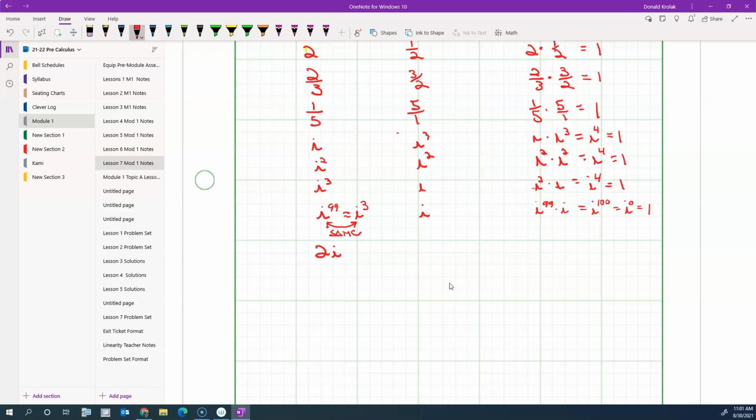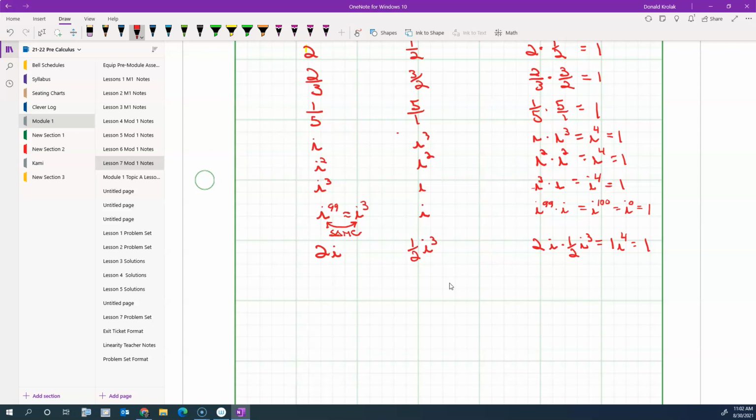So let's see. If I had 1/2 i to the third, that would be 2i times 1/2 times i to the third, and that would be 1. That would be 1 i to the fourth, which is 1.